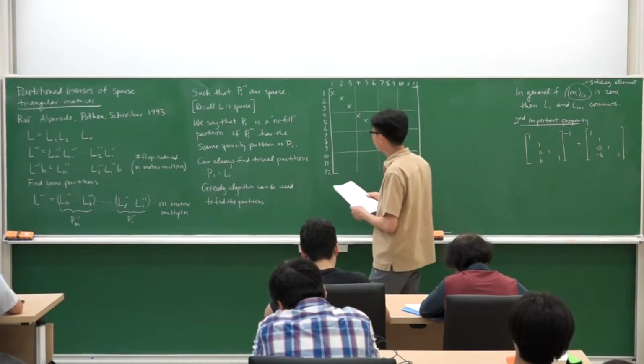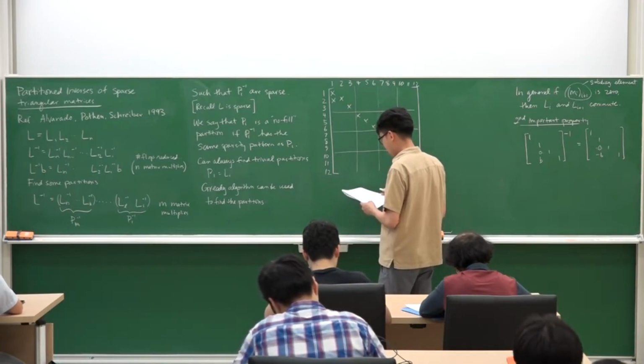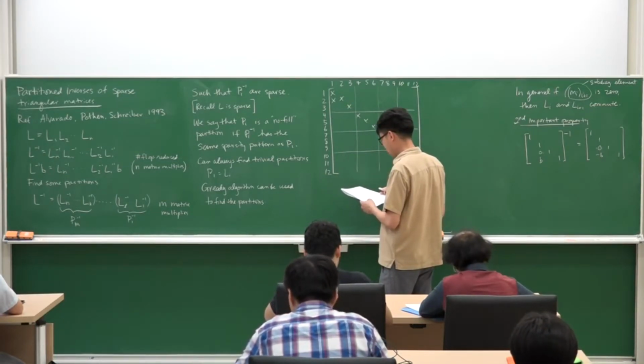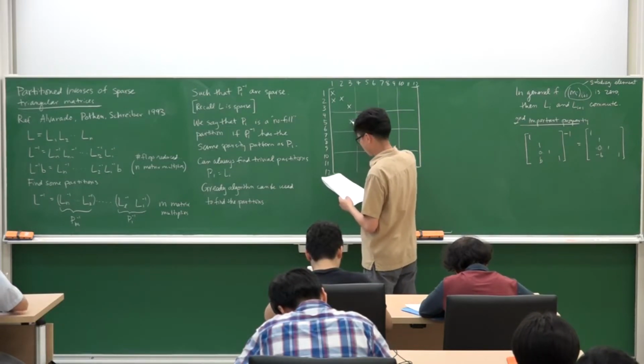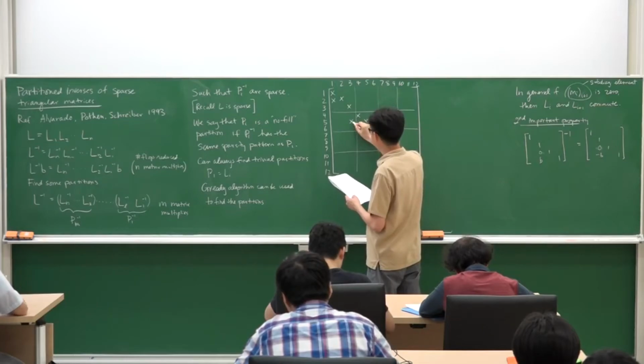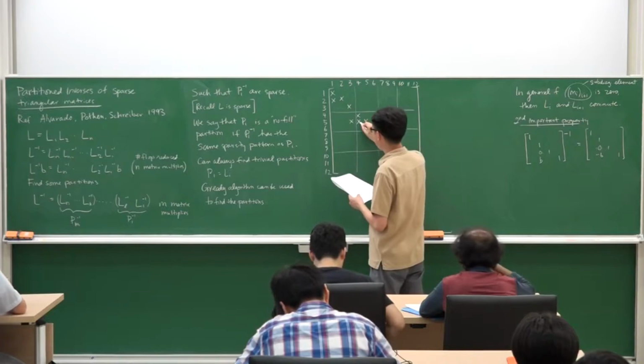And there's a non-zero at 2,1, a non-zero at 5,3, and 5,4, and a non-zero at 6,4.